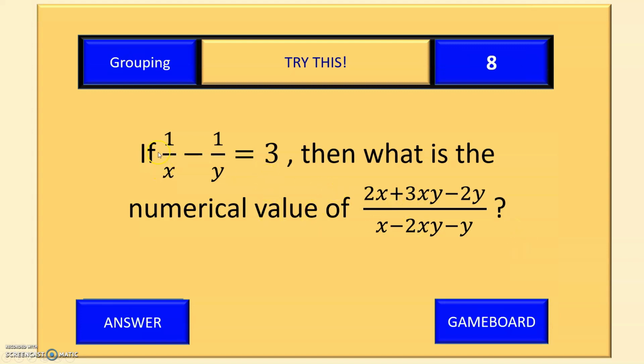Okay, if 1 over x minus 1 over y equals 3, then what is the numerical value of (2x plus 3xy minus 2y) all over (x minus 2xy minus y)? Okay, manageable naman, medyo mahaba lang. So actually, what I can do with the given is manipulate it: (y minus x) over xy is actually equal to 3.